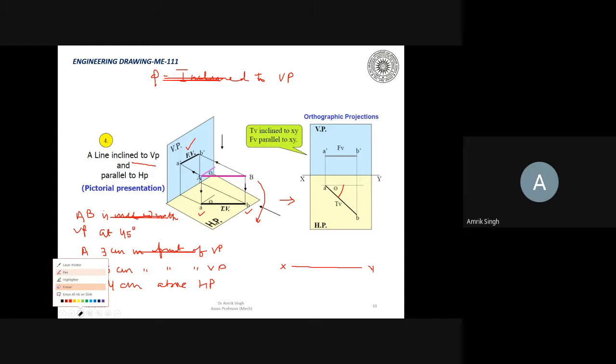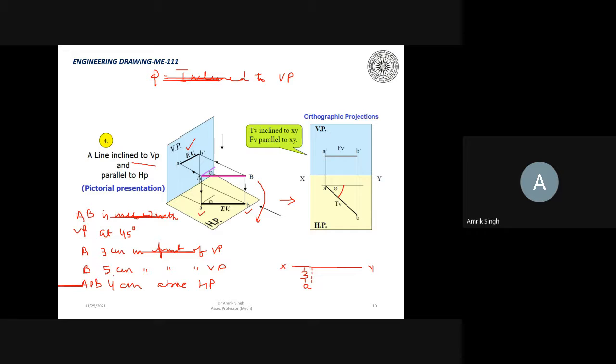So this point, when you open it up, will be point A. You will mark this with the line. So this line is for the dimension only.